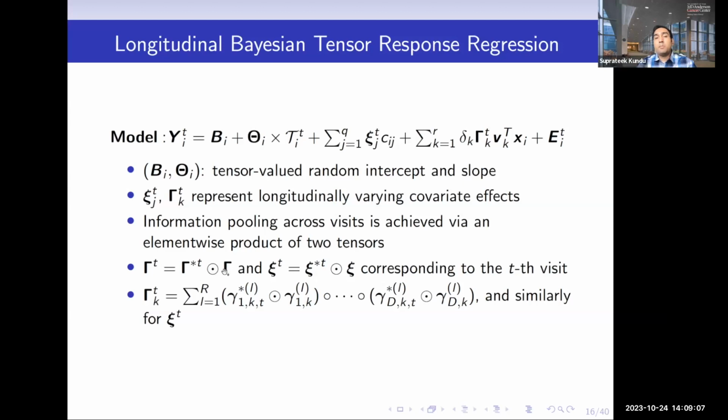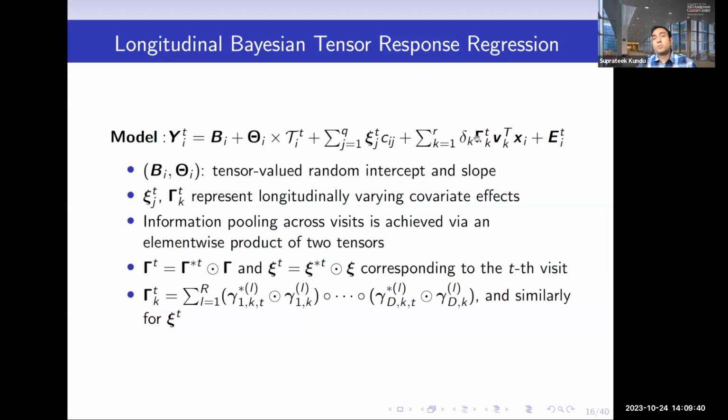So again, gamma is a core tensor that is estimated by pooling information across visits, and the perturbation tensor is estimated using data just for that visit, the tth visit, right? So there are additional things going on in the background that actually help us pool information across visits. And using the pair effect decomposition, we can do some further algebraic simplifications, which makes the computation go through fairly easily without any additional hassles or headaches.